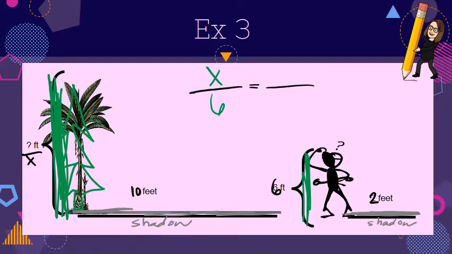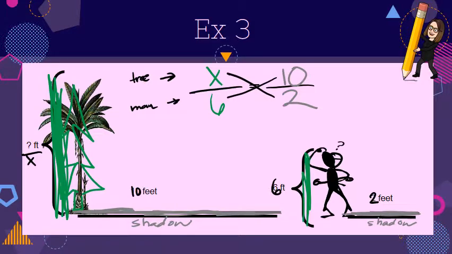All right, let's talk about shadows. I have a shadow of 10 feet. Well, that connects with the tree, so I'm going to put it on top. So you'll notice my pattern here. I have anything to do with the tree up top, anything to do with the man on bottom. So the man's shadow is 2 feet. Hey, we have our proportion.